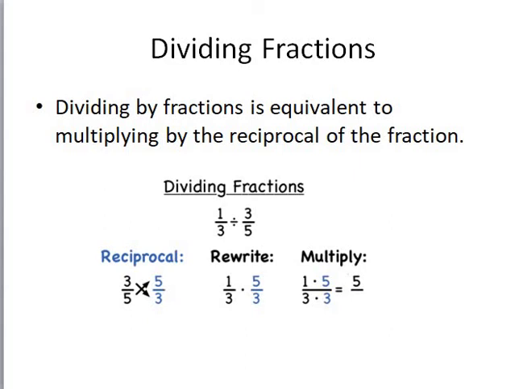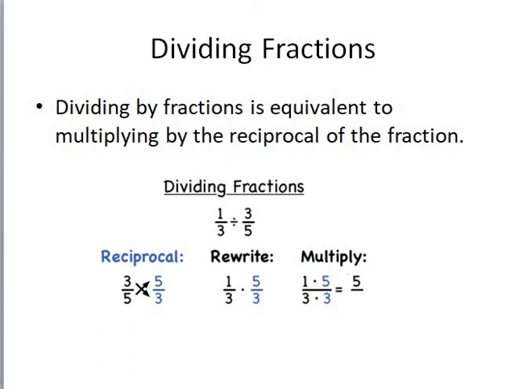Okay? The last rule is when we divide fractions. If I divide fractions, I have to convert the division sign into multiplication and take the reciprocal of the denominator, or just flip it. Flip the denominator. Okay? For example, 1 over 3 divided by 3 over 5. What shall we do, miss?